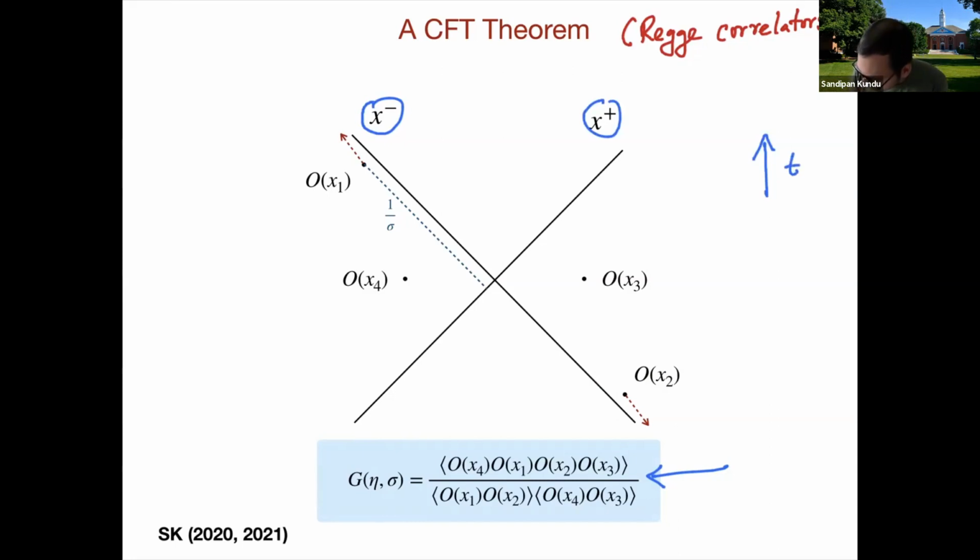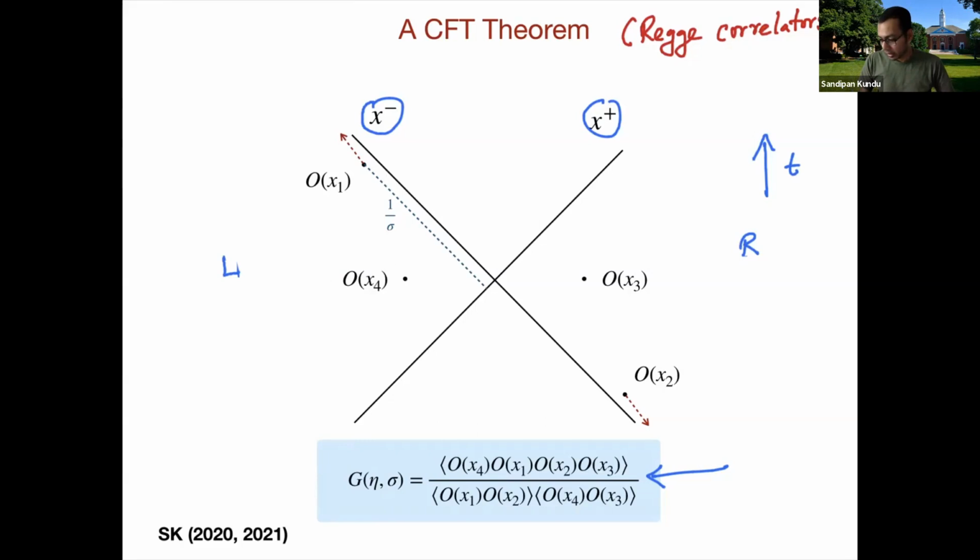The 4 points are shown in the figure. This is the left Rindler wedge, this is the right Rindler wedge. The points are chosen such that the operators on the left Rindler wedge are Rindler reflections of operators on the right Rindler wedge. That's how I'm going to choose the 4 points.